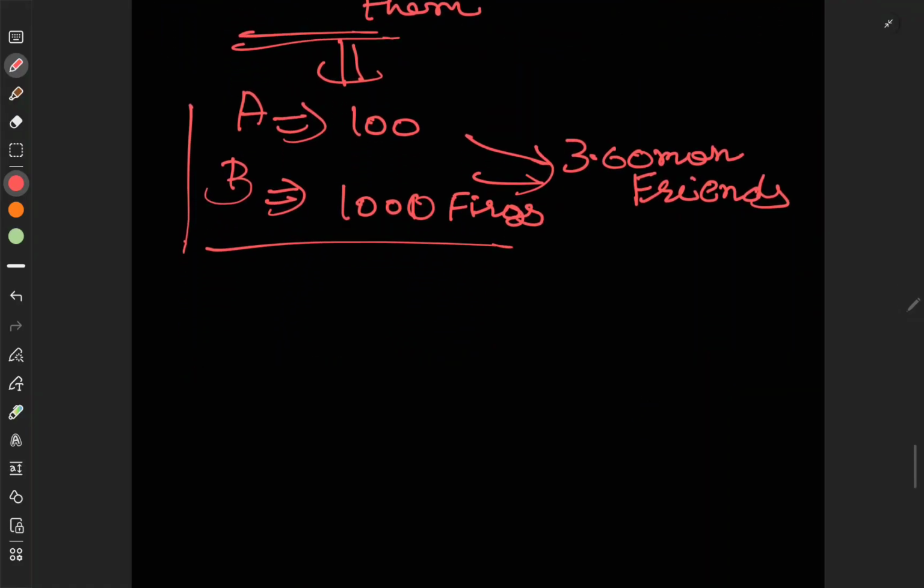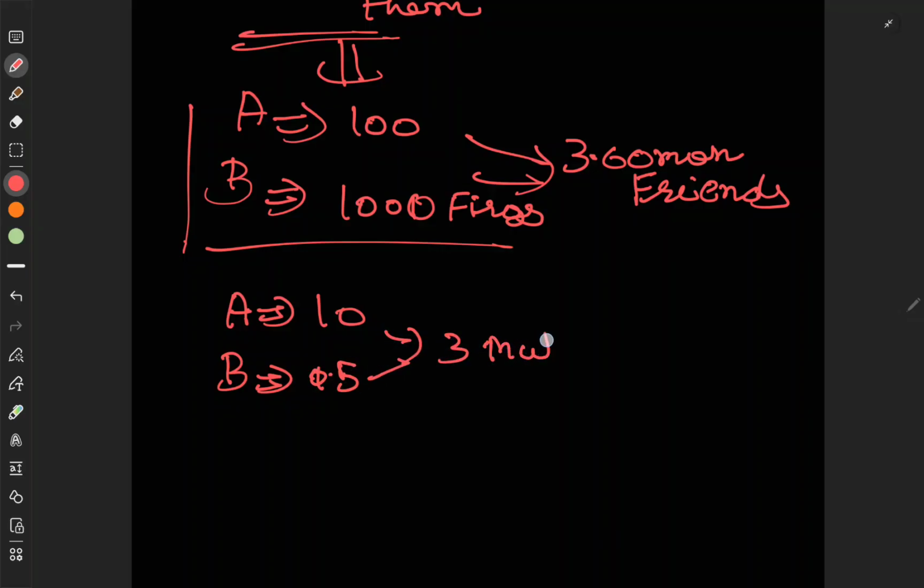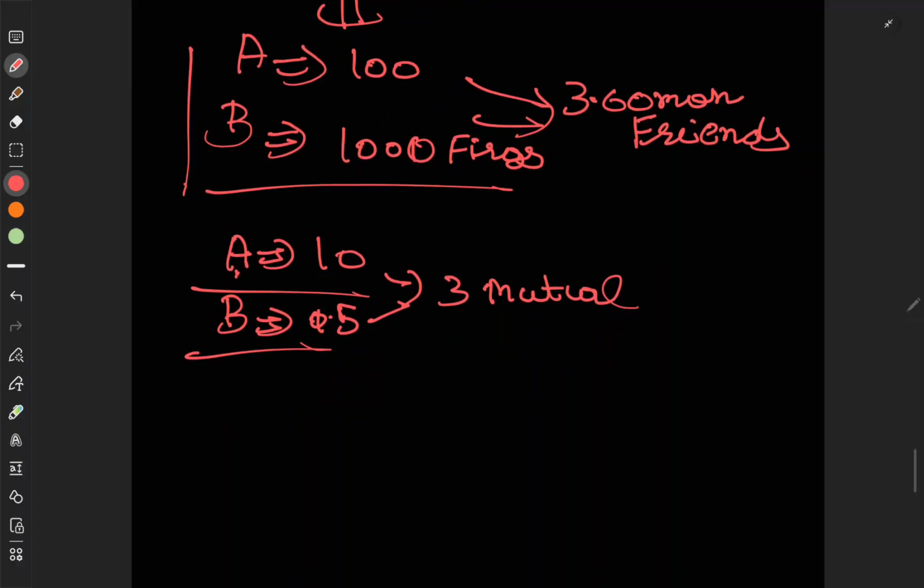But at the same time, we need to apply a normalization which takes care of other things. For example, let's say A has 10 friends, B has 5 friends, out of which 3 are mutual. So here you see there are very high chances that A and B can connect, right? So how do we normalize it? We apply min normalization here.